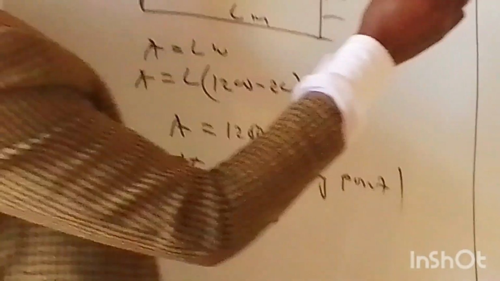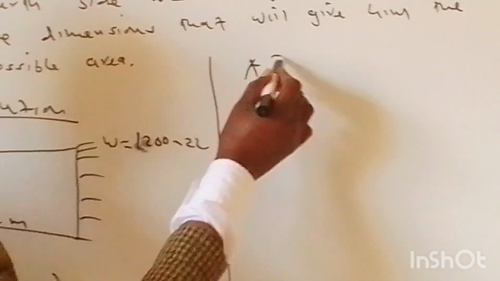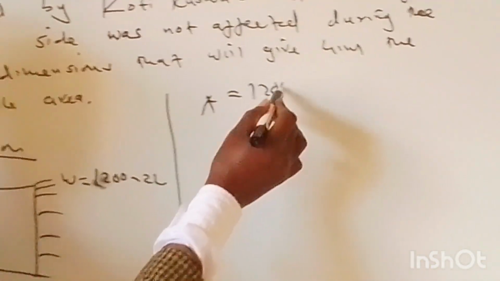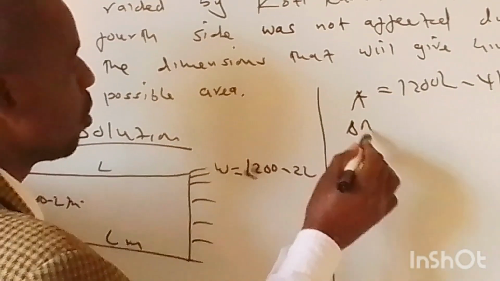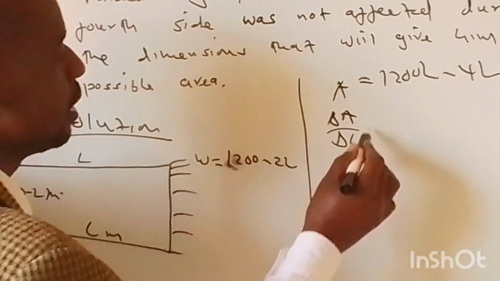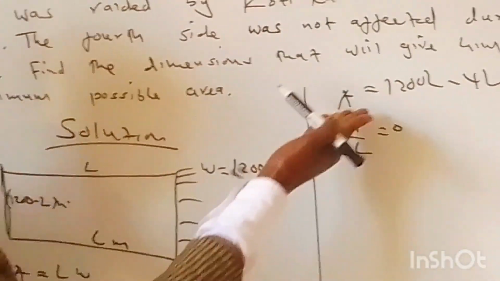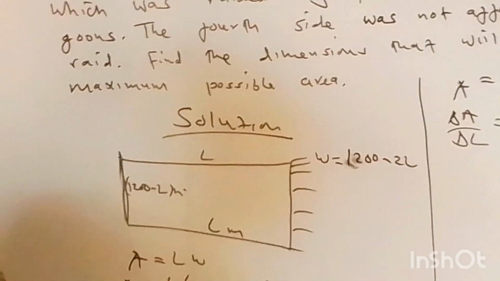In this case, whereby we have area in terms of L, at any maximum, dA over dL is equal to 0. So can we differentiate A with respect to L so that we get the gradient function?